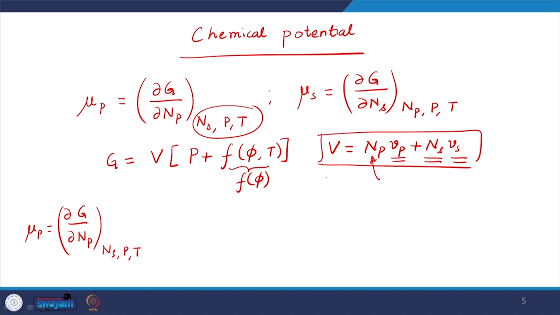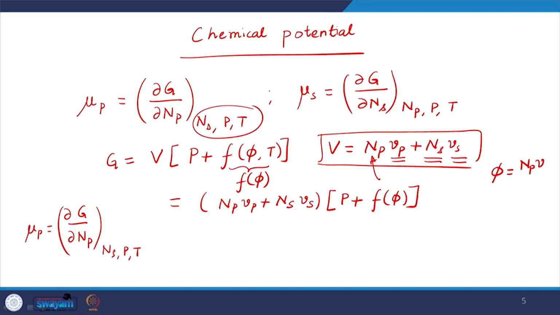So, I can write my G as NpVp plus NsVs times P, plus F, and now if I take that derivative, we still have to use the fact that phi will also change as volume will change, and this again we can write as NpVp divided by NpVp plus NsVs.